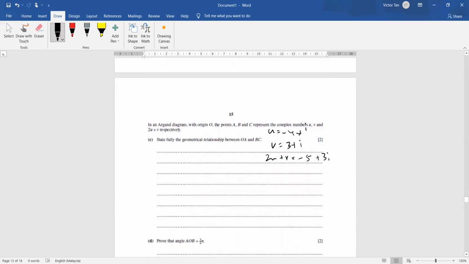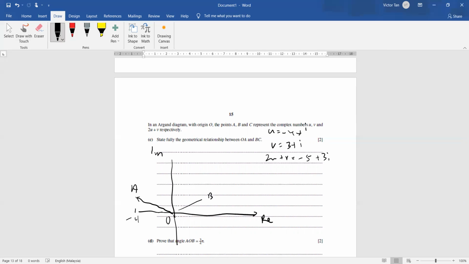So you have an Argand diagram. Real, imaginary. Hopefully I can fit all in. Minus 4 plus I, so this will be A. V is 3 plus I, so 3 plus I somewhere here.